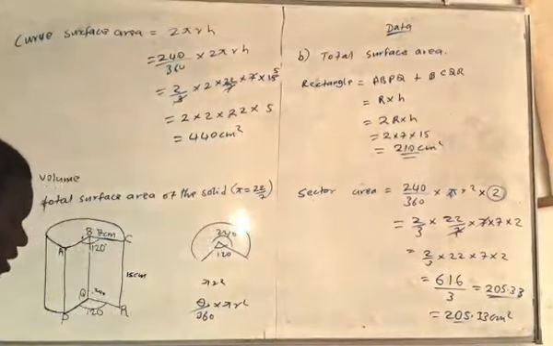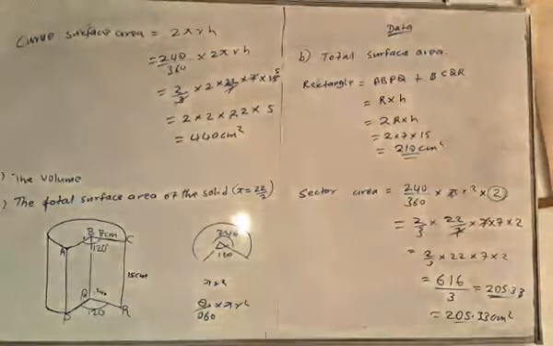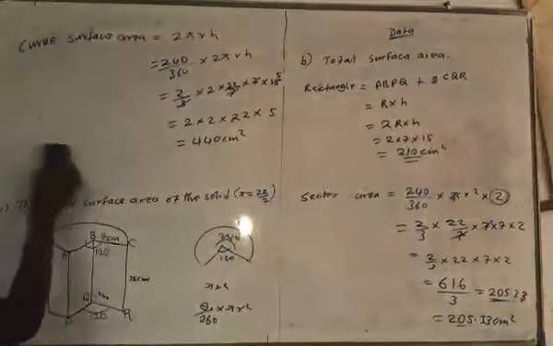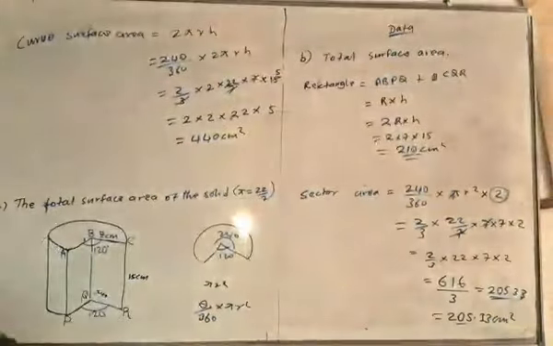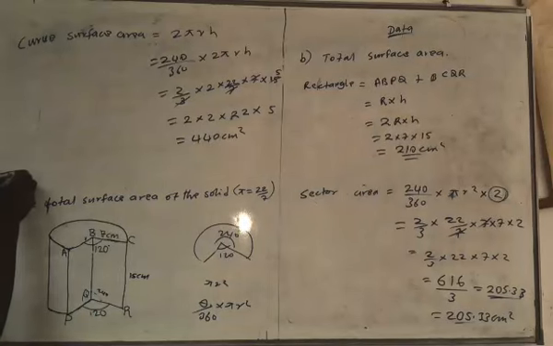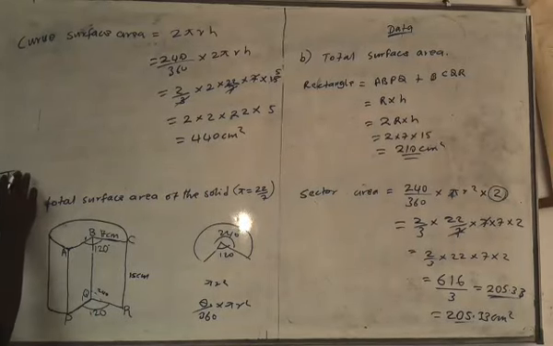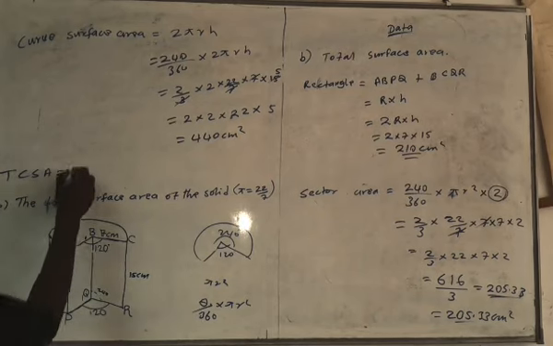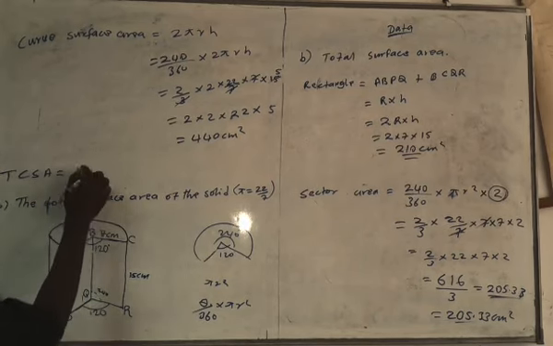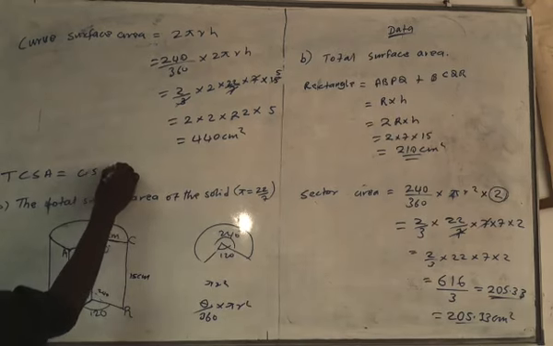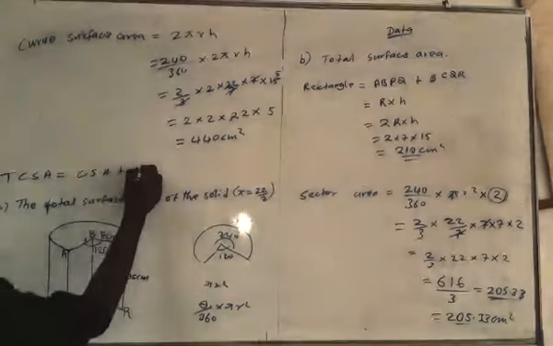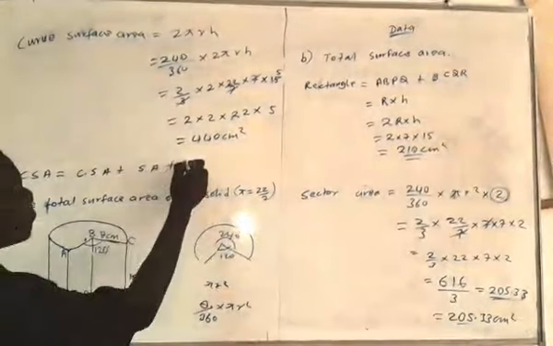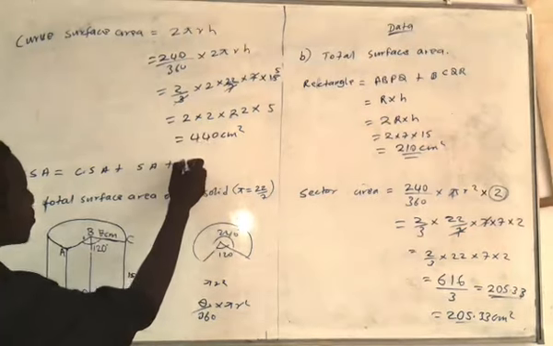But since the question asks us for the total surface area, we are just going to add it for the total surface area, which is going to give us the curved surface area plus the sector area plus the two rectangles we got.